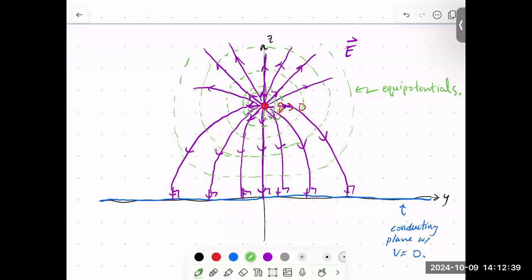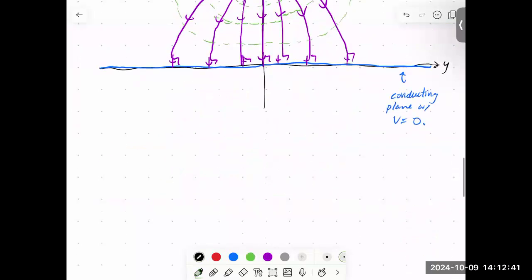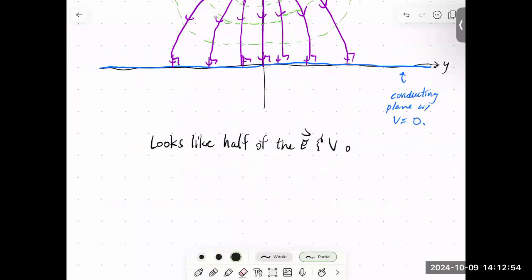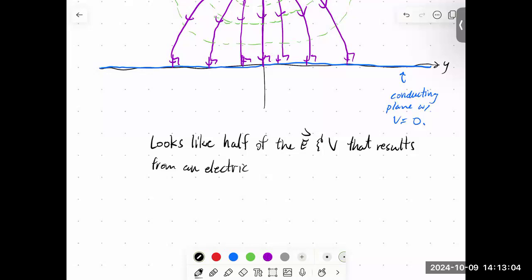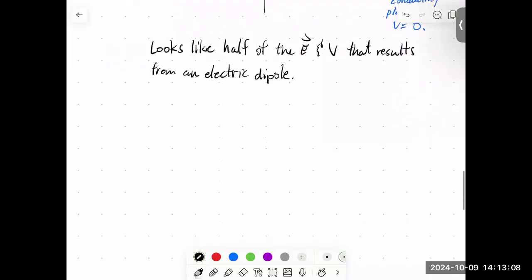So this looks like half of the electric field and potential that results from an electric dipole. Let's draw the electric dipole.